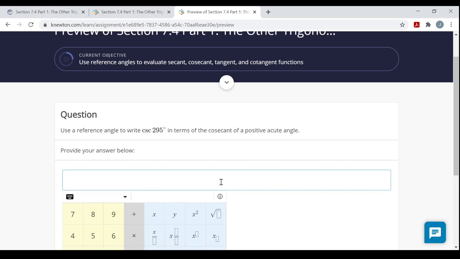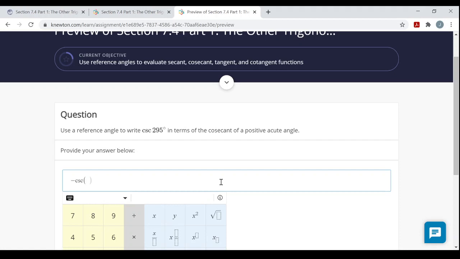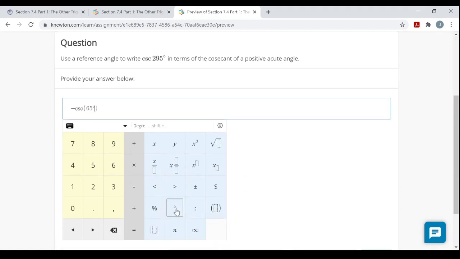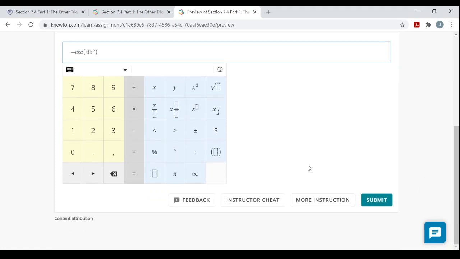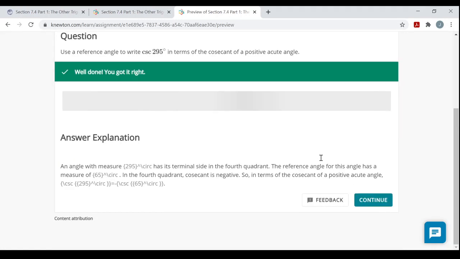Right, so again, we're entering negative cosecant of, and then the reference angle, 65 degrees, right? And there should be a degree symbol down here somewhere. Yep. Make sure if it's in degrees, you're putting the degree symbol, because they didn't say don't put the degree symbol up here. And if it's in radians, you're not putting any symbols. Wonderful.